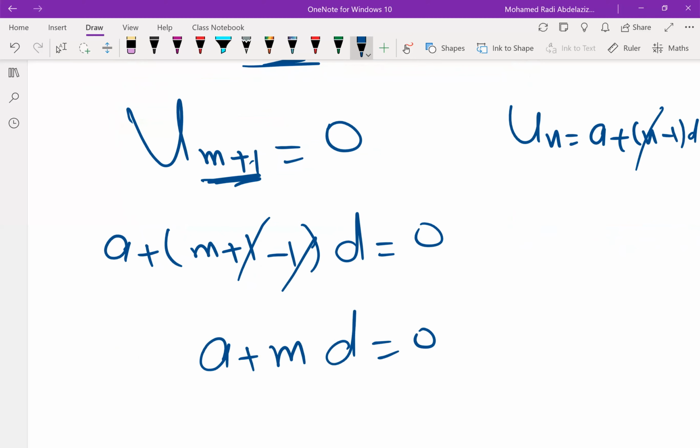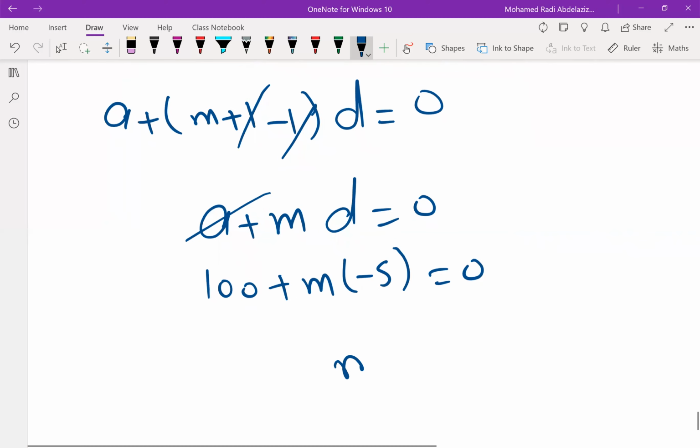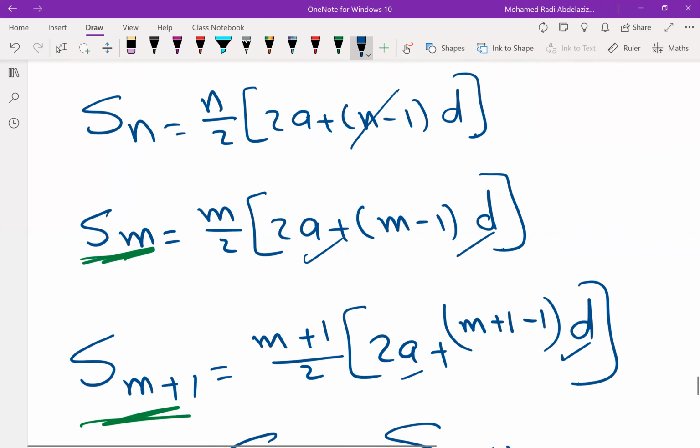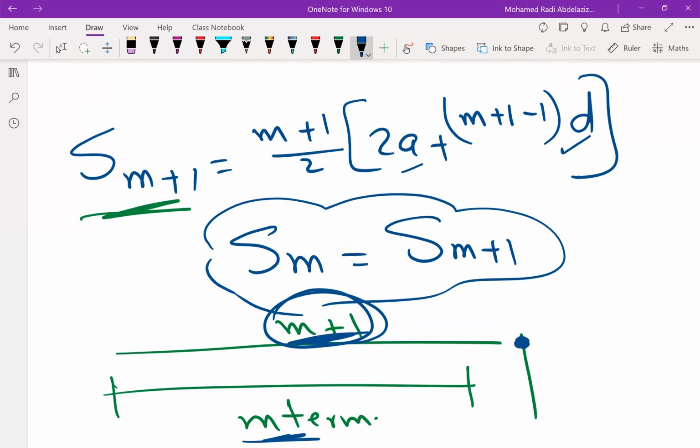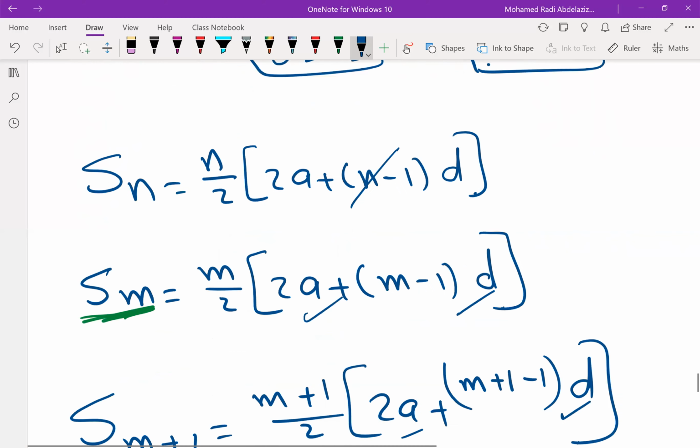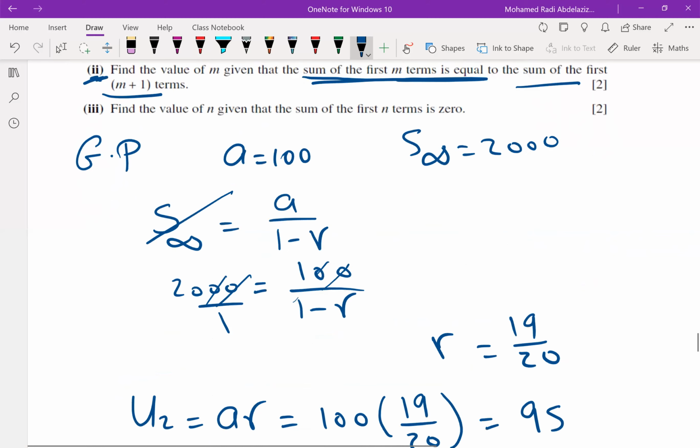We have a equal to 100 and d equal to -5. So if we equate with 0 and solve, you will get m is equal to 20. In the same way, if we equate the two sums after substituting the values of a and d, it will take a longer time, but you will get the same value of m.